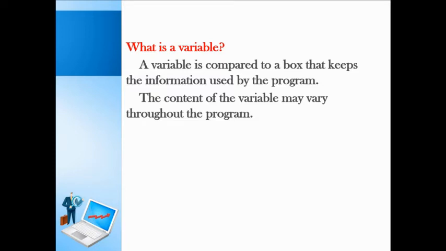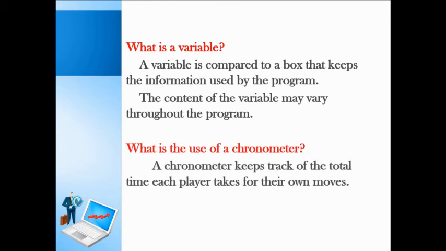For example, the score of a game is stored in a variable and varies throughout the game. And what is the use of a chronometer in a game? A chronometer keeps track of the total time each player takes for their own moves.